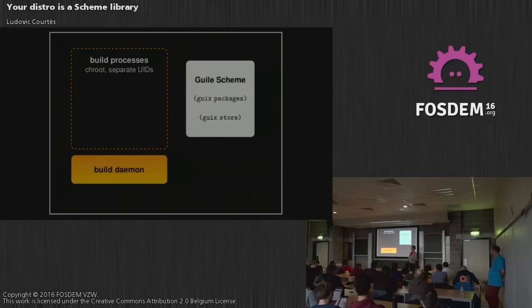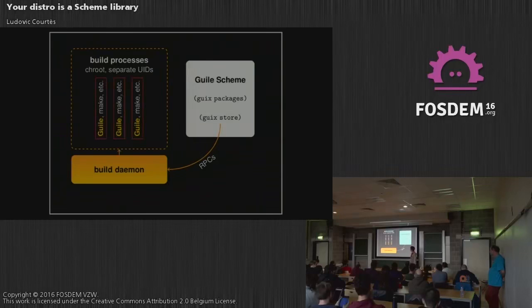And when I build something, like when I type guix package -i Emacs and it actually needs to build or to download Emacs, then that Guix command here is going to talk to the daemon and ask it, well, can you build it for me? Or if it's already built, just tell me what this lengthy file name is.